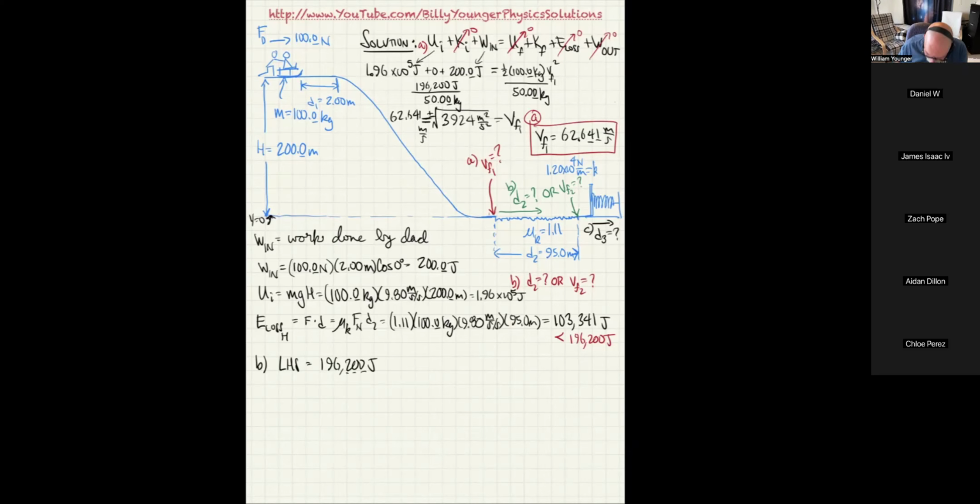And I will underline all three of those to remind us that that's not really all sig figs, because there are some of these numbers that aren't sig figs at all, specifically the underlined ones. Now, using that as the left-hand side is fine. What I'm going to do now is say 196,200 joules. That's going to equal, we can treat it basically as just one half 100.0 kilograms times.